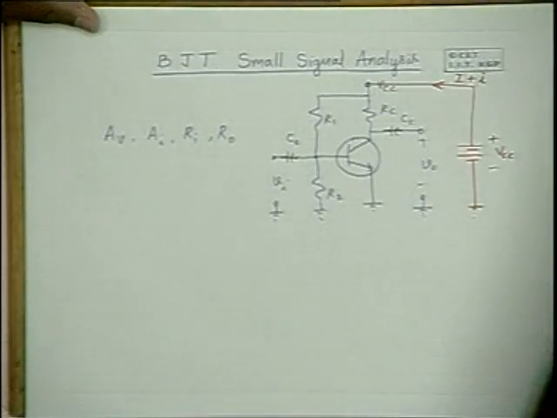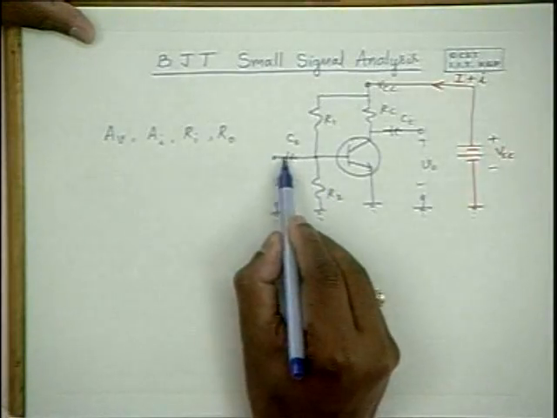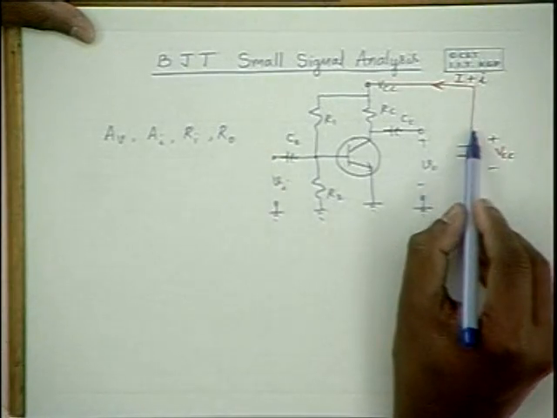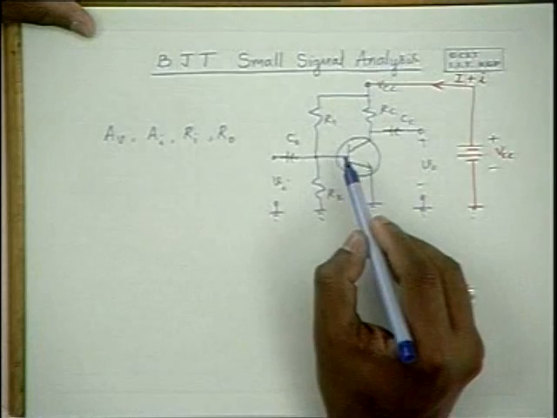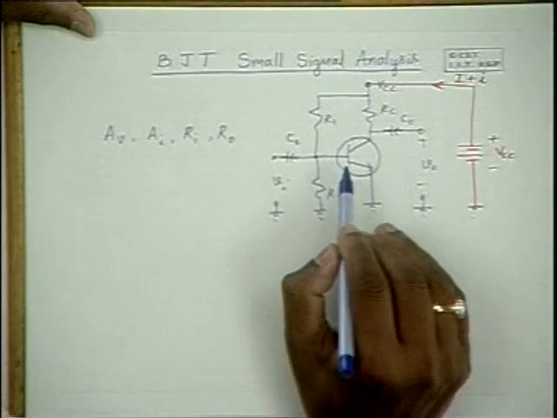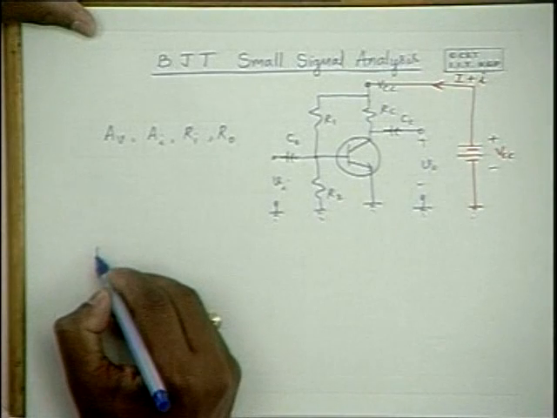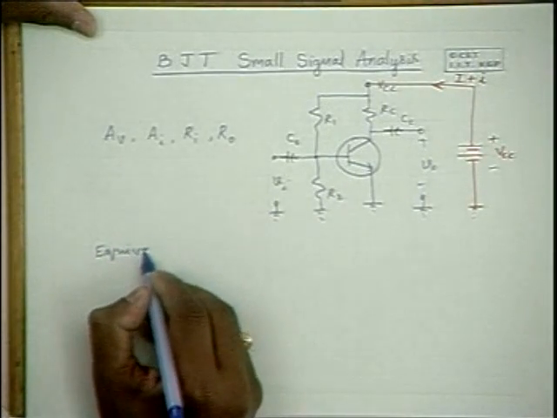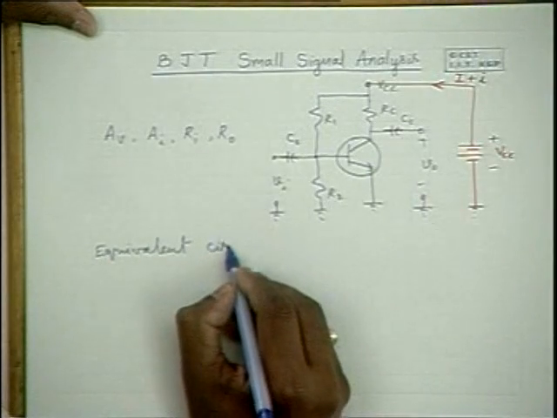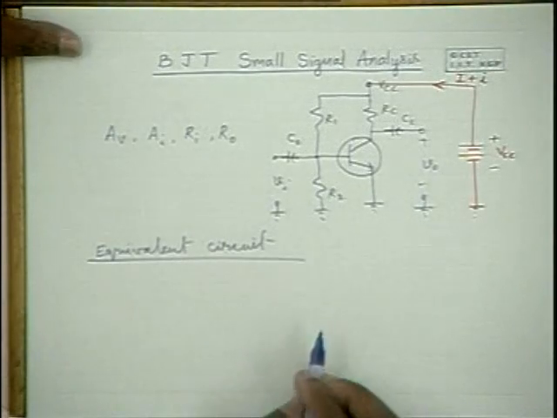Now let us bring these two into the circuit analysis, that is, replacing the coupling capacitor by a short circuit and replacing the supply by a short circuit, and introducing the model of the transistor here, we can get the equivalent circuit. The equivalent circuit of this circuit is as shown here.